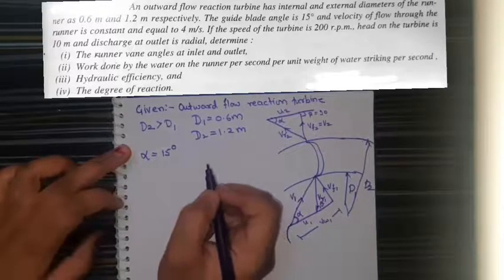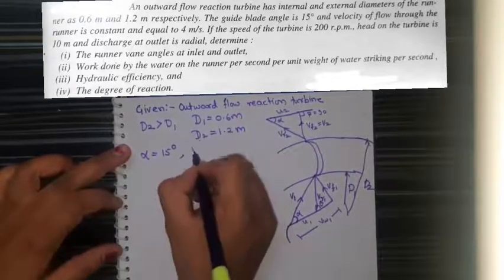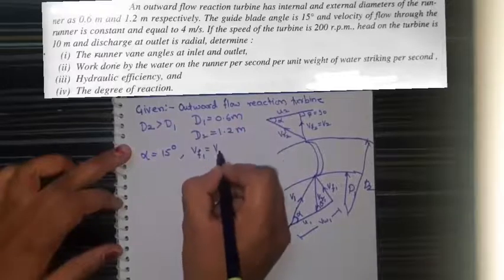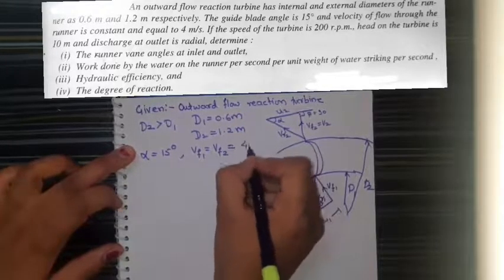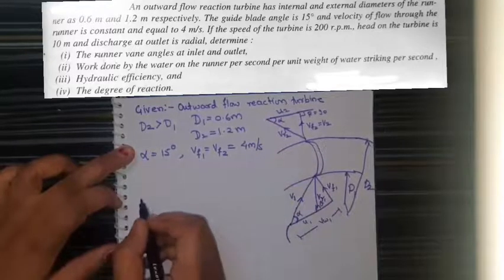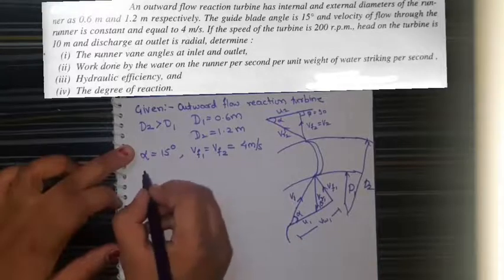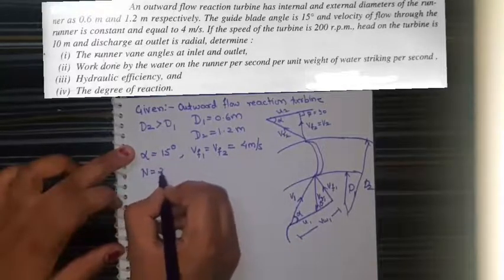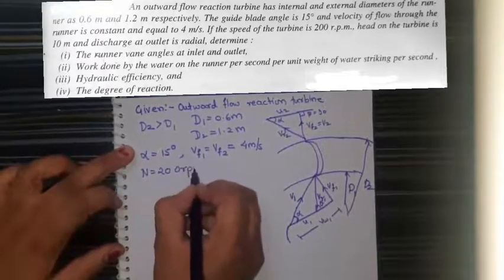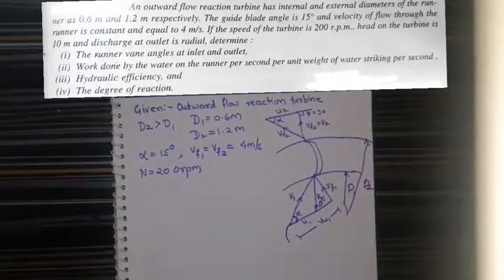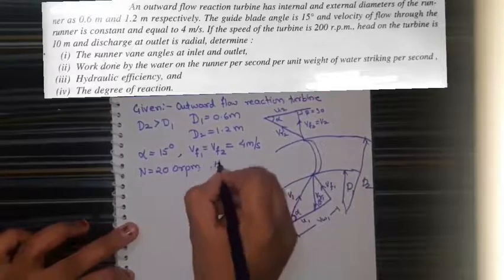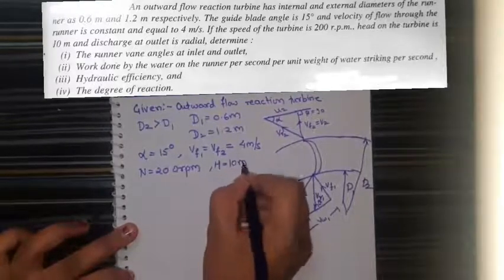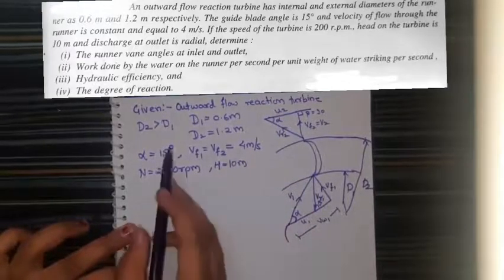Velocity of flow through the runner is constant, that means Vf1 is equal to Vf2 and its value is given as 4 meter per second. Speed of turbine is 200 rpm, also head on the turbine is given as 10 meter and discharge at the outlet is radial.